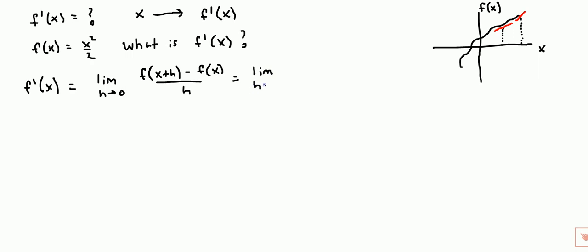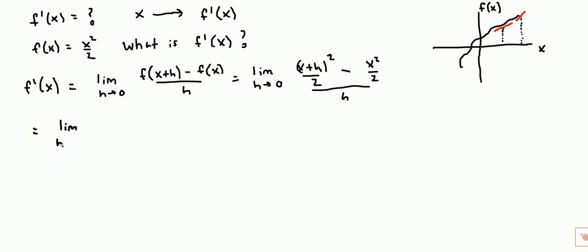As h approaches 0, what is f of x plus h? We want to plug x plus h into this expression. We have x plus h, quantity squared, divided by 2, minus f of x, which is x squared over 2, all divided by h. Okay? I'm going to factor out the 1/2 and put it on the denominator.